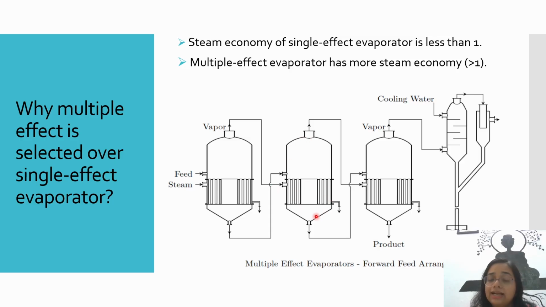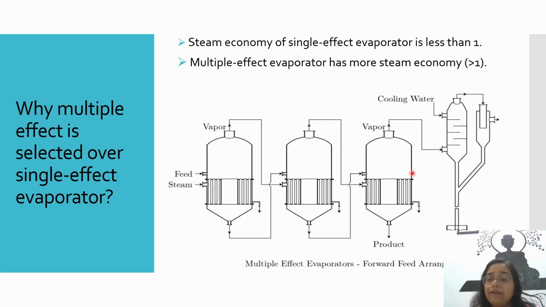I think it is clear. So again the evaporation will take place. We will take out the concentrated liquor from effect 2 and introduce it in the third effect. Here again, from the top vapor will be collected and this vapor will be used for heating the feed in effect 3.